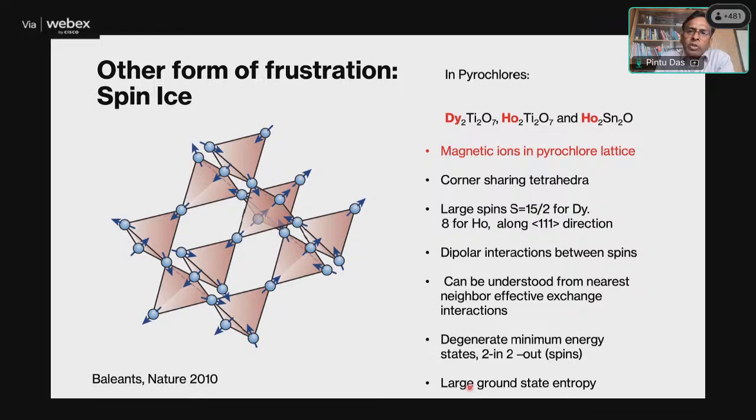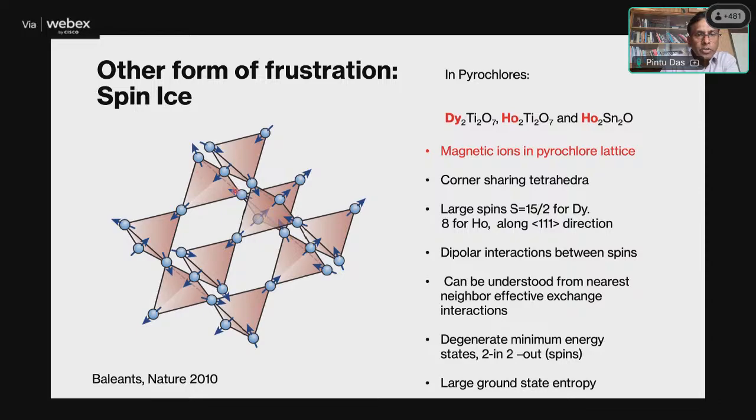It turns out that in materials called pyrochlores, these are some oxides, dysprosium titanate, holmium titanate, etc. You see that these rare earth ions, dysprosium, holmium, etc., have very large spin. These are actually magnetic ions in the pyrochlore lattice.